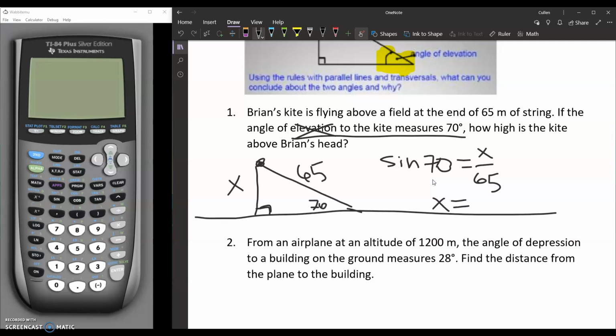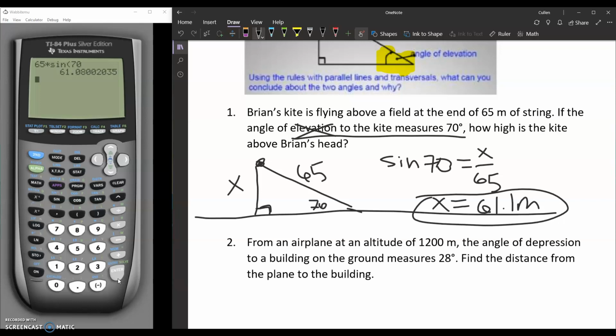So I'm going to do 65 times sine 70, and that will spit out my answer. So that gives me 61.1. So x is, I already drew x, x is 61.1, and it gives me units. These are meters.